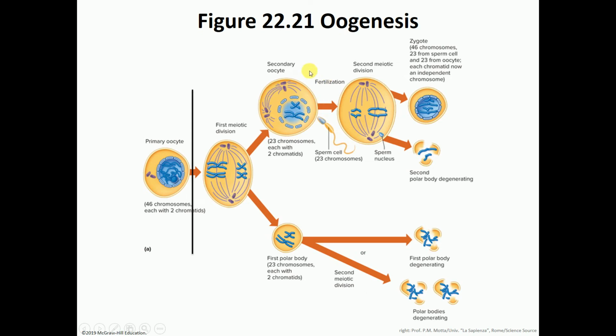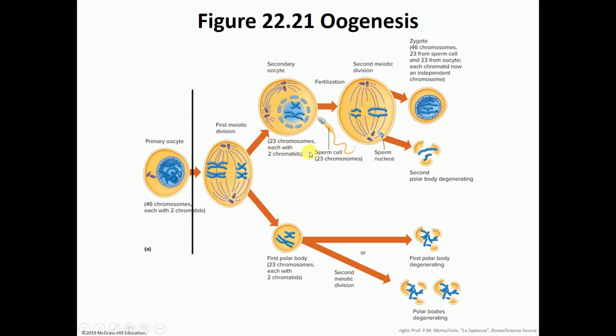Now, this secondary oocyte will not go through the second meiotic division unless it is fertilized, and that's why you see that sperm there. Okay, so if fertilization is going to happen, this secondary oocyte will go through the second meiotic division and become fertilized at the same time, where the chromosomes fuse with the chromosomes that are found in the sperm to produce a zygote, and again the second polar body.